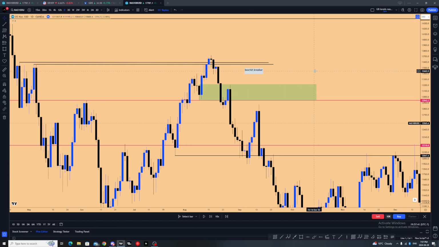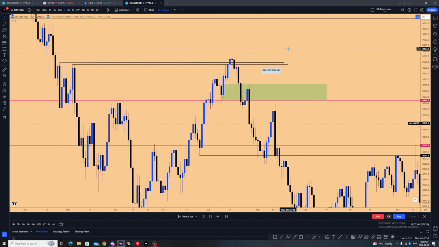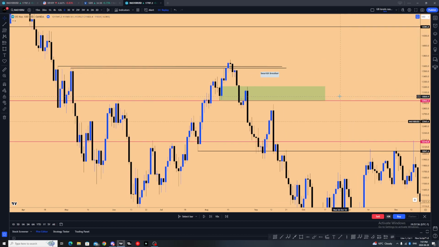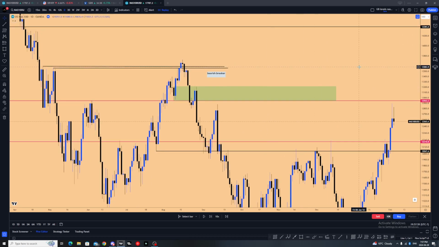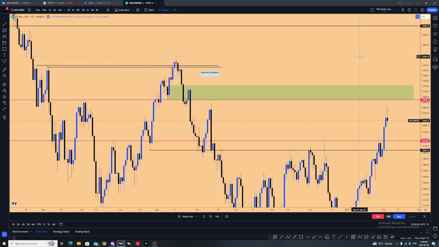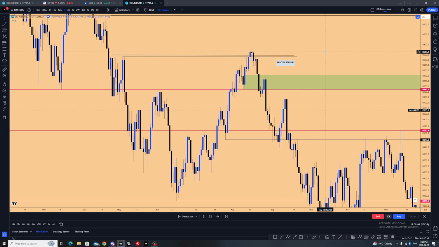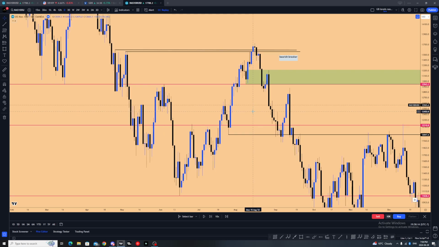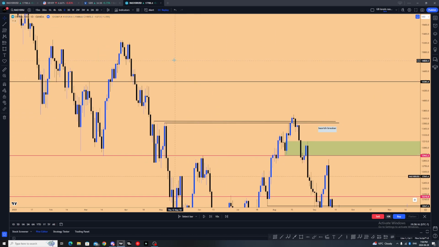Now I understand this is an advanced level concept, and it's going to take some practice to get a handle on it. That's how to view it, and this is a very prime example of how to view a bearish breaker. A mitigation block would be, I don't know, it's hard to say.